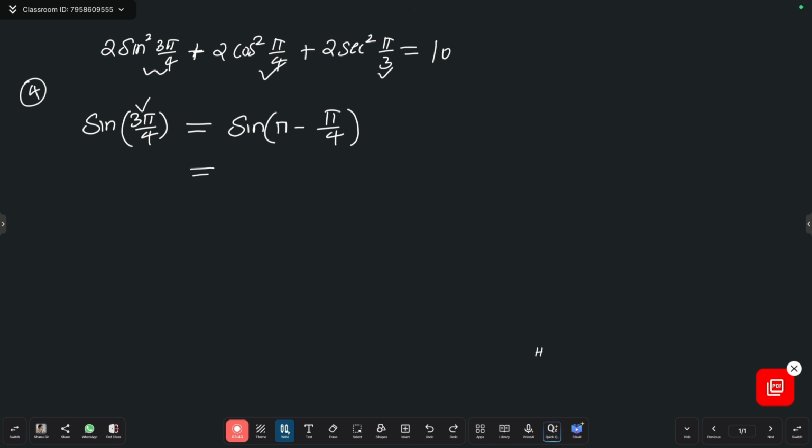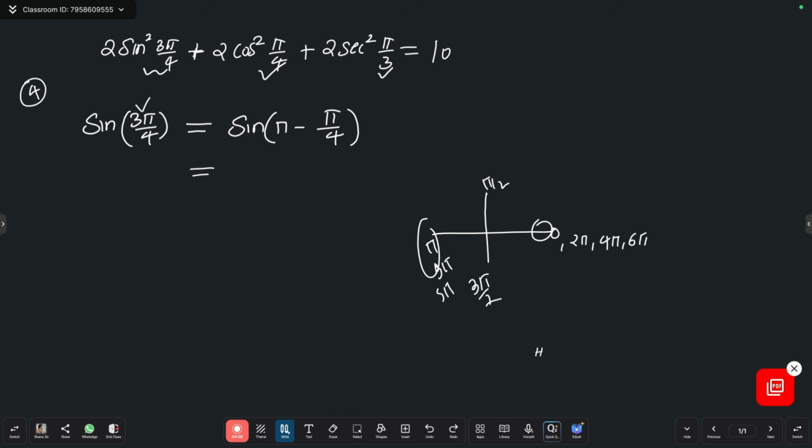Pi is where? Recall the quadrants. Where is pi? 0, pi by 2, pi, 3 pi by 2, and 2 pi. Here 4 pi, in fact 6 pi, and here pi, 3 pi, 5 pi. In fact, every odd multiple of pi here, every even multiple of pi on this line.